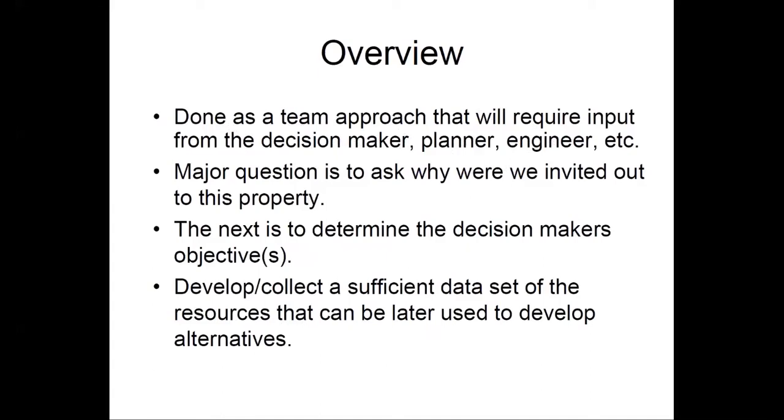There's all sorts of other partners that could be involved in this. So first question you need to ask is why we were invited out to the property. What are your decision makers' objectives? And then you need to develop and collect a sufficient data set that you can start developing alternatives for.